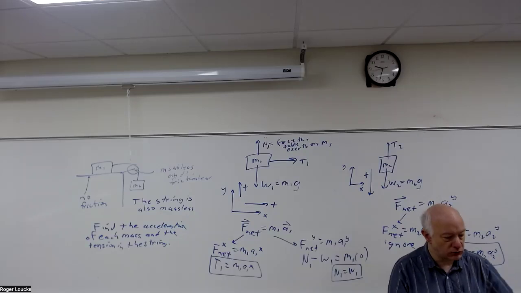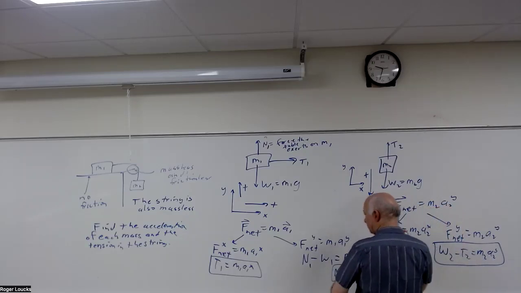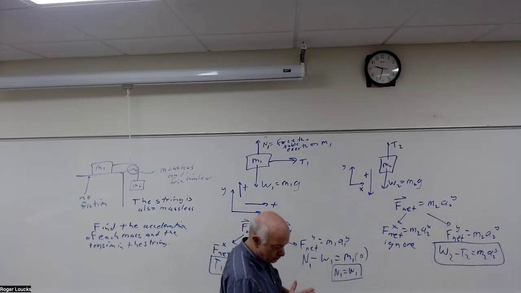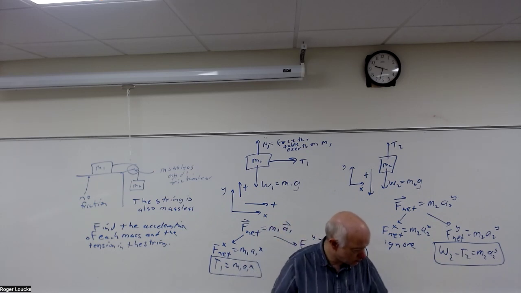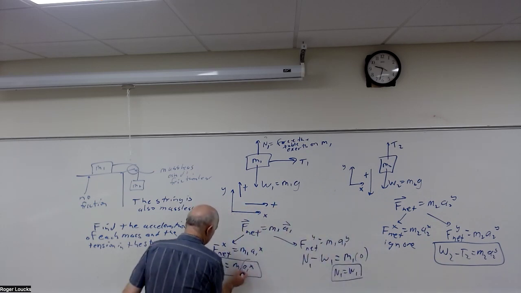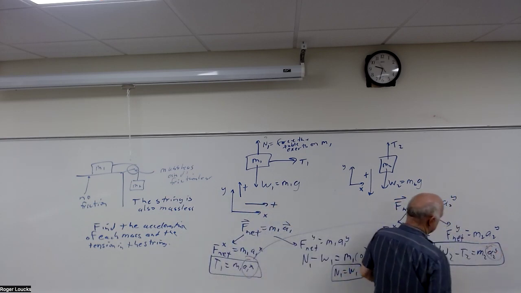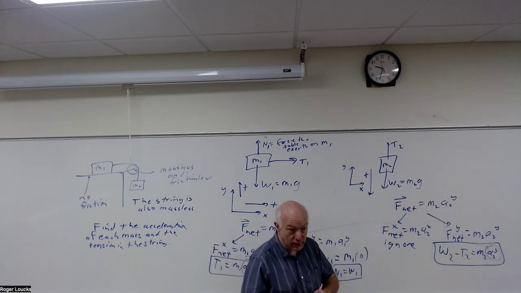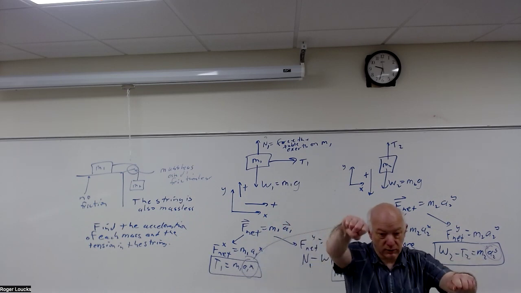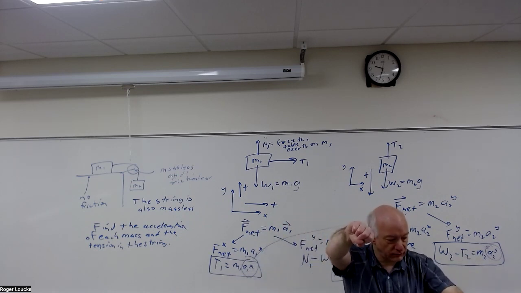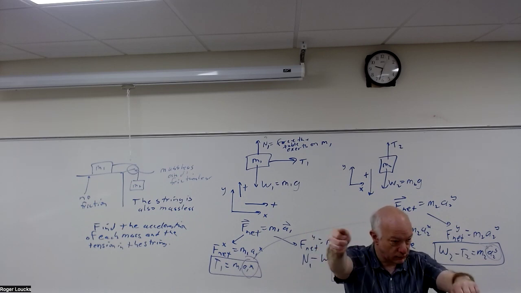So I'll start with the accelerations. Why is this acceleration here the same as this acceleration here? By a string. Right, so they're connected by a string. So if this one falls a certain distance, what does this one do? Moves the same distance, they're connected.